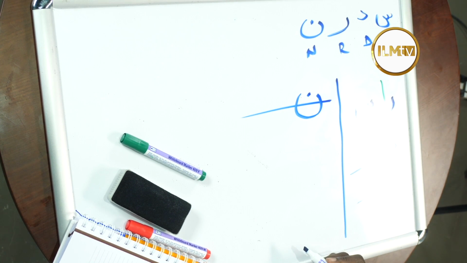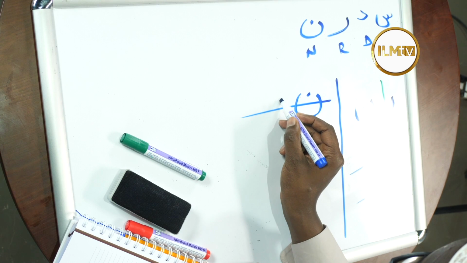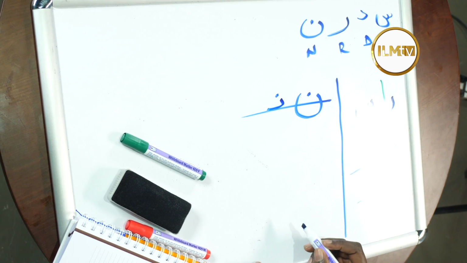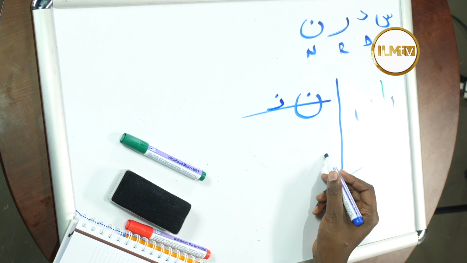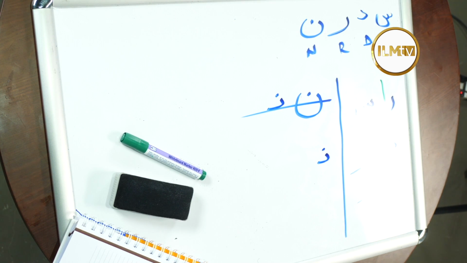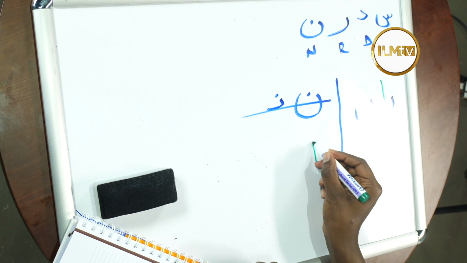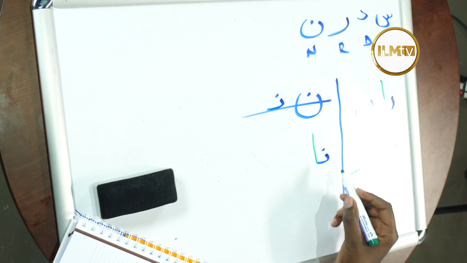So that represents N in Arabic. So, N has two forms. This is how we write it on its own, but when we connect it to another letter, it takes that form. It does not go below the line. So, we can write N, and then we add the A, and it becomes Na.